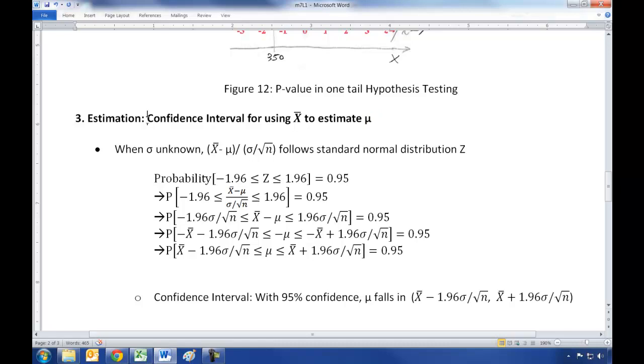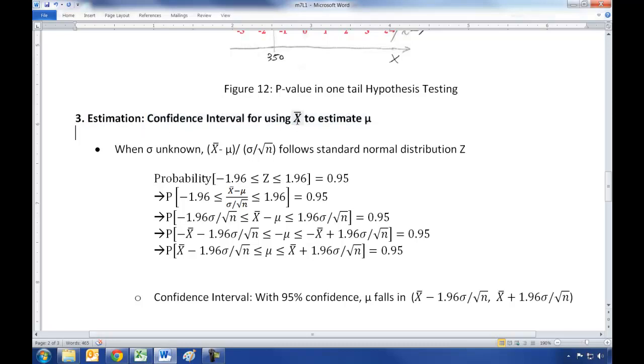But in the estimation problem, we do not make such a claim. Our goal instead is to try to estimate the probability distribution or the density function. So estimation is actually a much broader category than hypothesis testing.